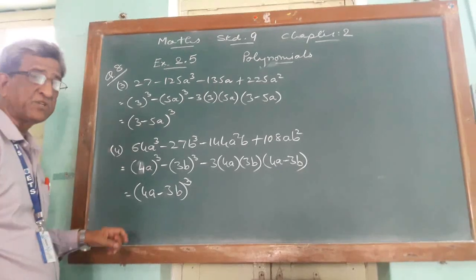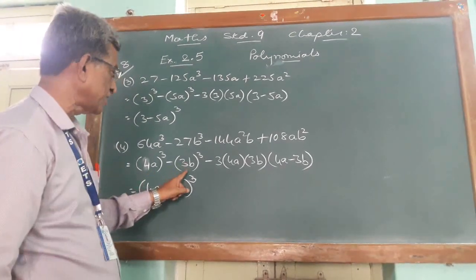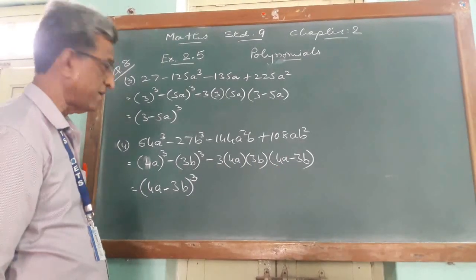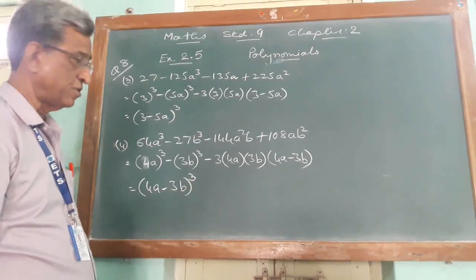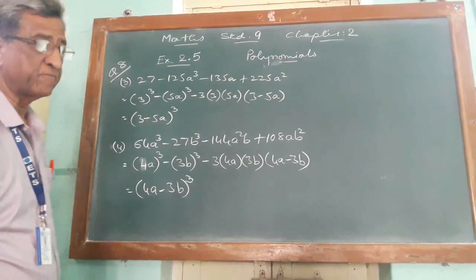So this becomes similar to formula a cube minus b cube minus 3ab a minus b gives you a minus b whole cube, that is 4a minus 3b whole cube. 4a minus 3b whole cube will be the answer.